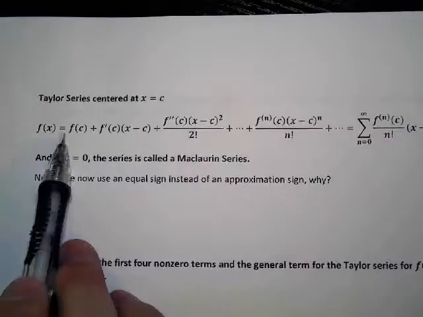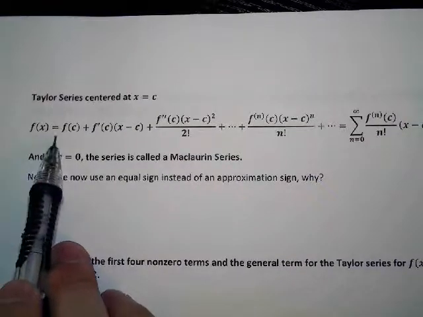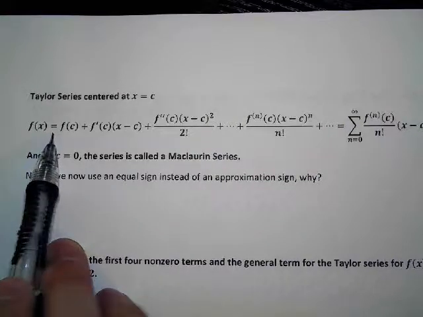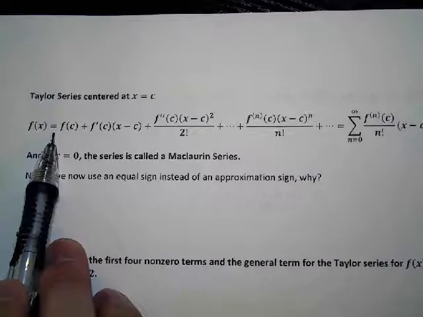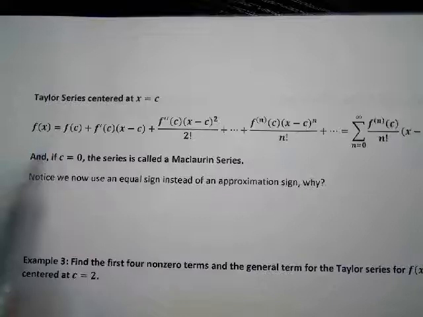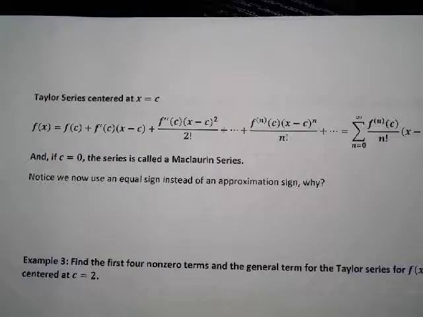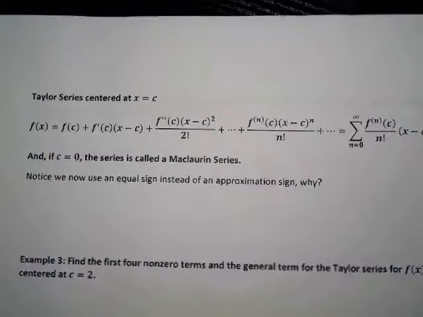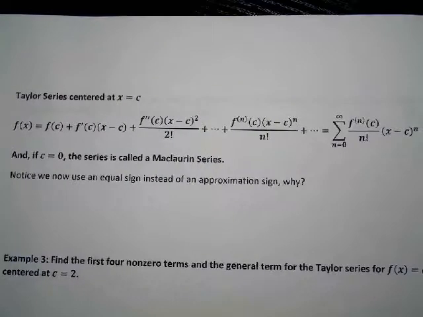Now, we're saying here, instead of f of x is approximately something, I'm using an equal sign. Why am I able to use an equal sign instead of saying approximately? Because it goes to infinity.